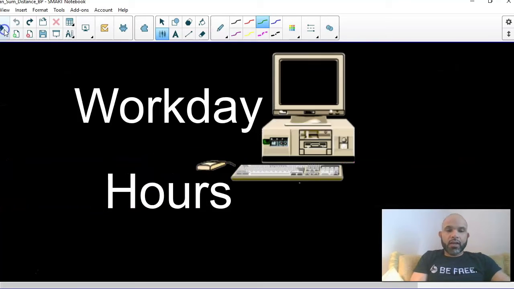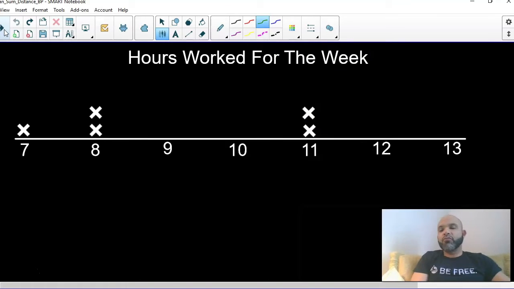Okay, now what in the world does that mean? So I'm going to guide you through this, okay, so that you'll be ready for your work to be submitted through Nearpod. So we're going to check it by looking at this typical work week, 5-day work week. This person worked 7 hours, a couple 8-hour shifts, and then a couple 11-hour shifts, right?